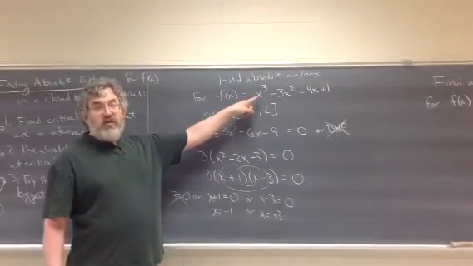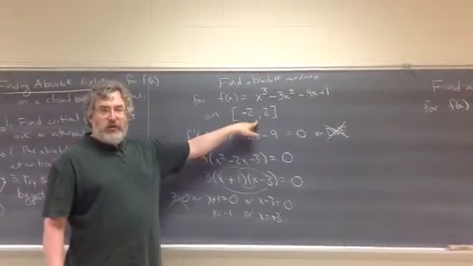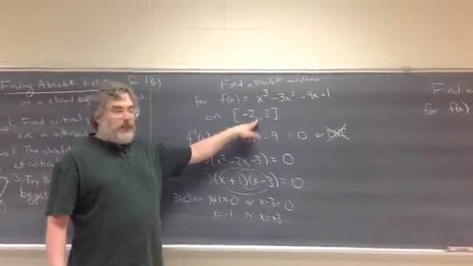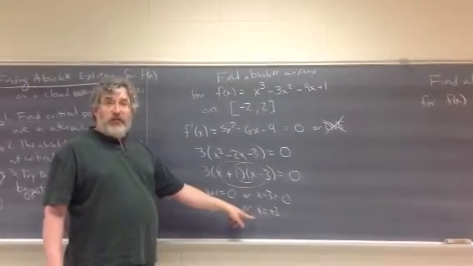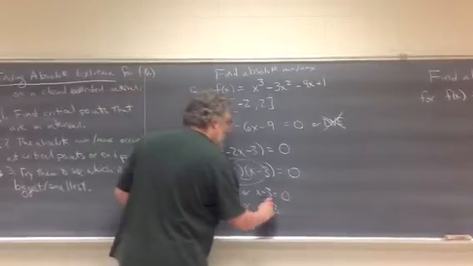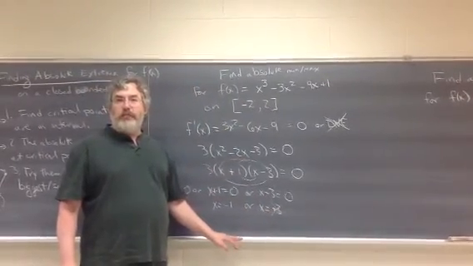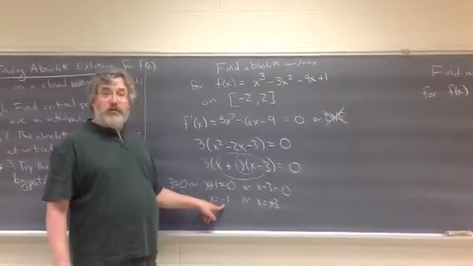But our goal is to find the absolute max and min on this interval from minus 2 to 2. So we need to see, are these critical points actually there? 3 is not in there. It's not going to be our answer because it's not in the region we care about. This one is.